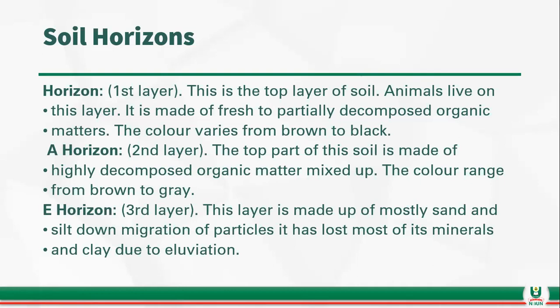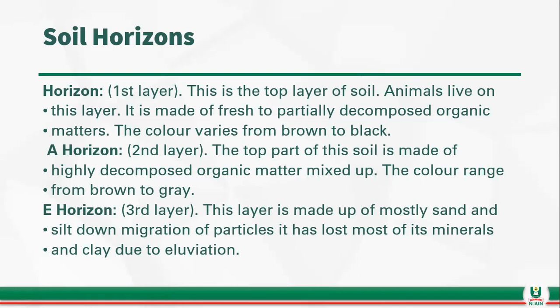Brown to gray. So now, in my introduction, in my explanation of the first slide, I talked about the E horizon. And this is made up of mostly sand and silt that migrates down, or the migration of particles that has lost most of its minerals and clay due to eluviation.